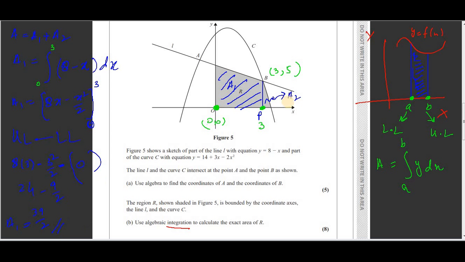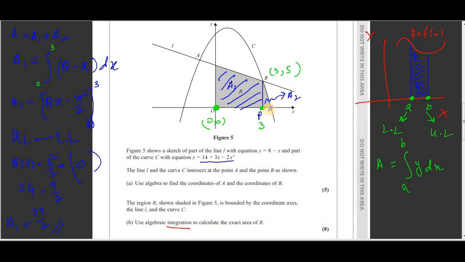Okay, what about A2? A2 is the area bounded by the curve and the vertical line. That means for A2, I need to integrate the equation of the curve. But what about the limit? The lower limit would be 3 and the upper limit would be this point. And how can we find this point?